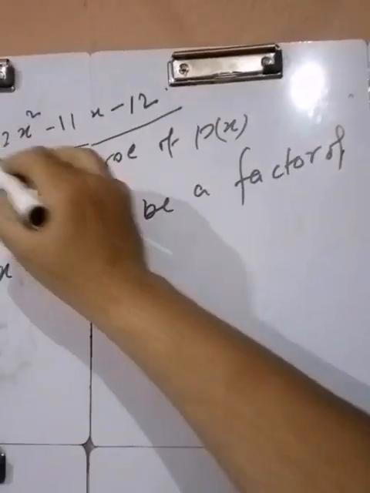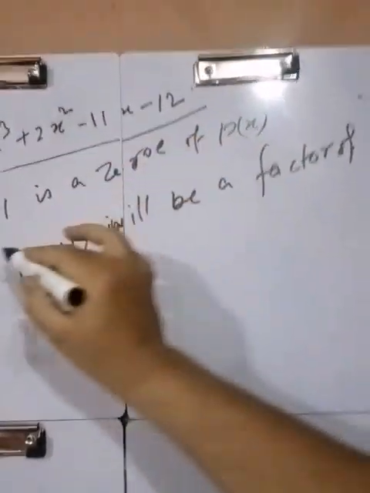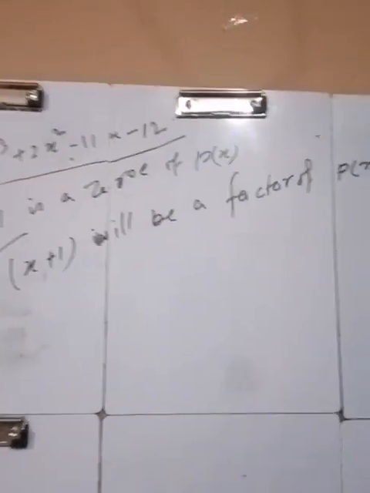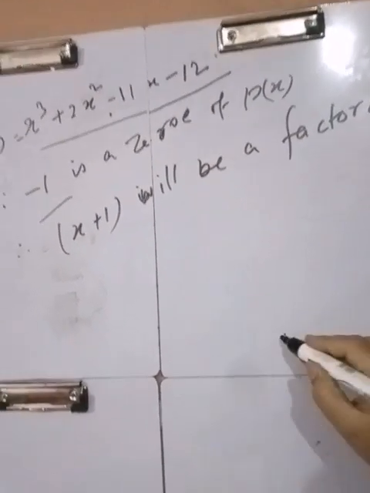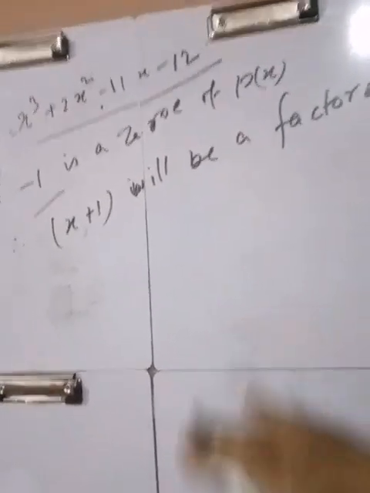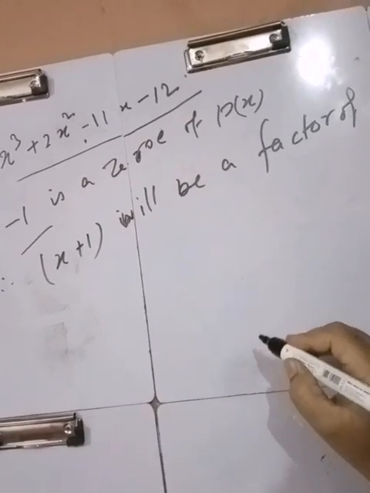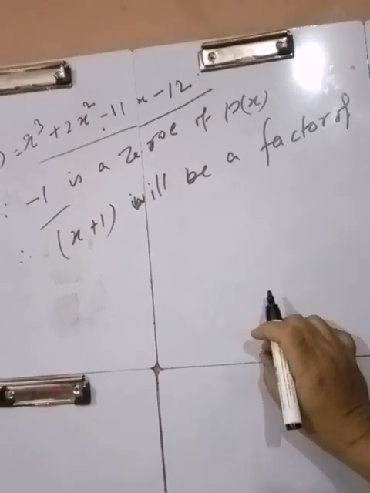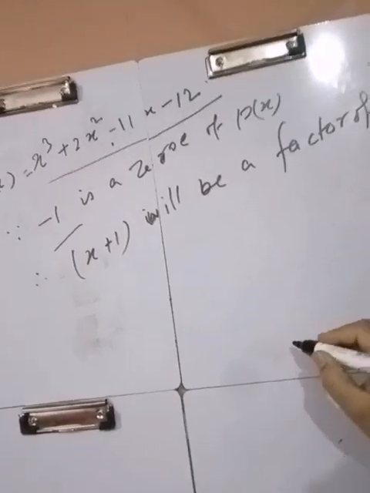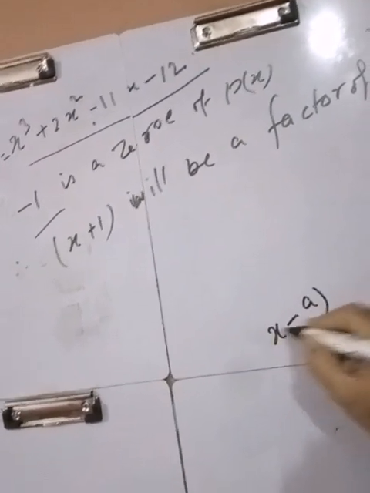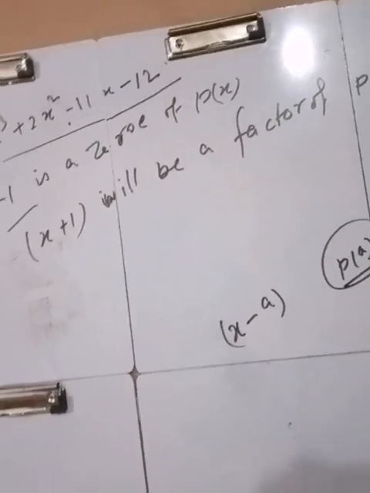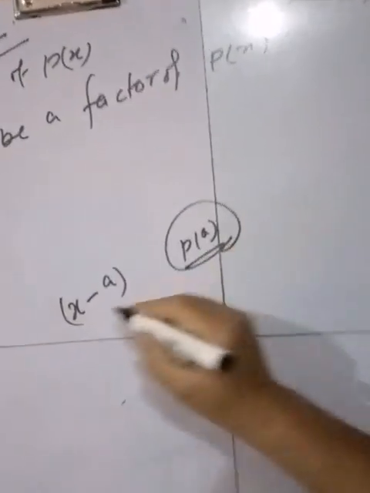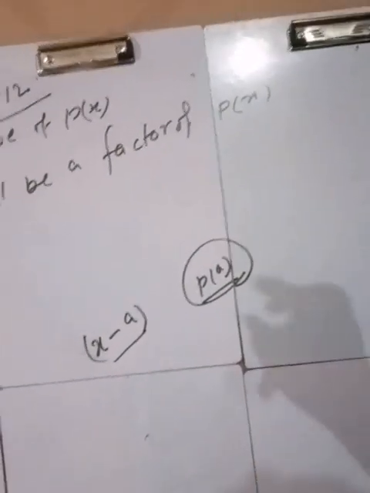According to the factor theorem you have read in class 9, if a polynomial of degree more than 1 is divisible by x minus a, then pa is 0. If this pa is 0, that means this will be a factor of the given polynomial.